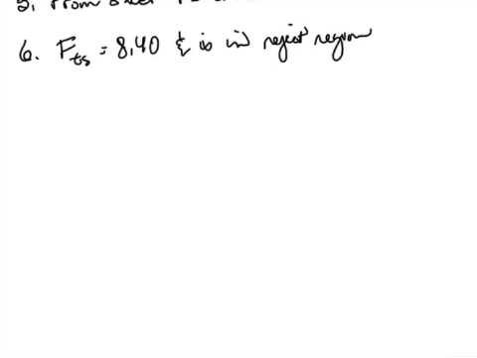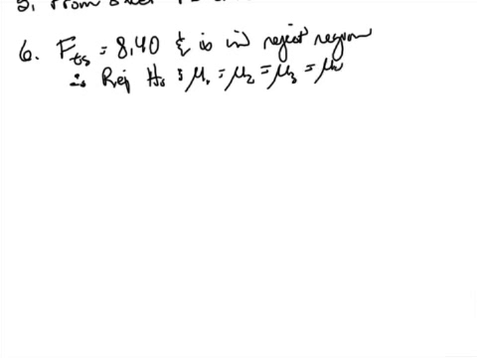Now tie it back to the null hypothesis. Therefore, reject the null that the mean of 1 equals the mean of 2 equals the mean of 3 equals the mean of 4. Now let's state it in terms of a managerial conclusion, which would include both a statement and an action.